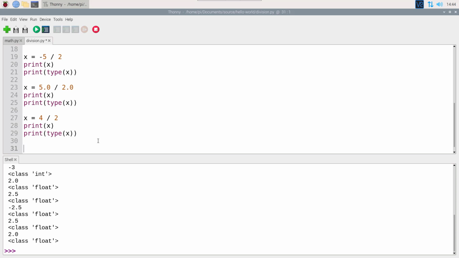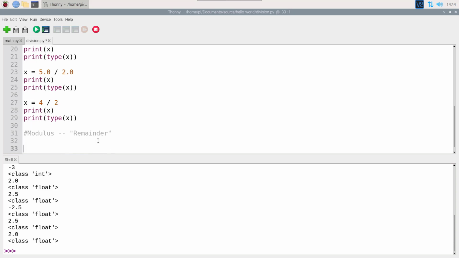Now, the last thing I want to look at is the modulus, which, like we said, is the so-called remainder that we had when we were doing long division in our grade school arithmetic books, where we asked what is the remainder of x divided by y.